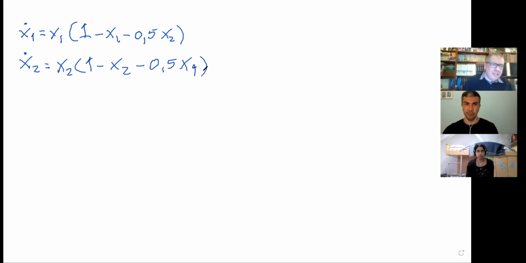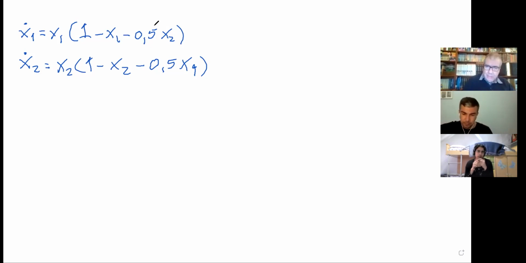Before we go on, is this reasonable in terms of model? What do you think? Can you justify this model in qualitative terms? Suppose that you just have x1, so you don't have x2. This term is not there. What does it mean?